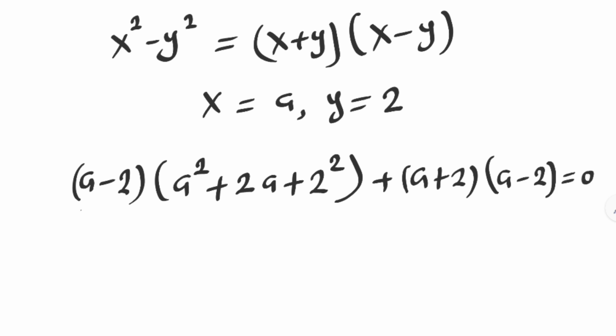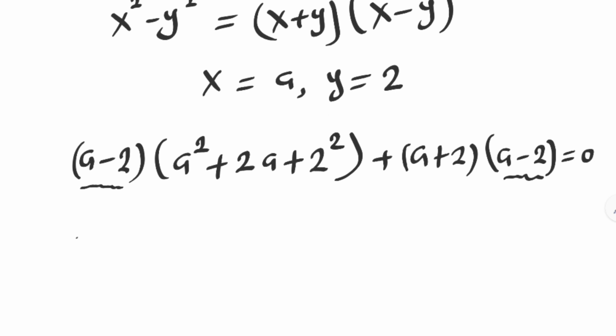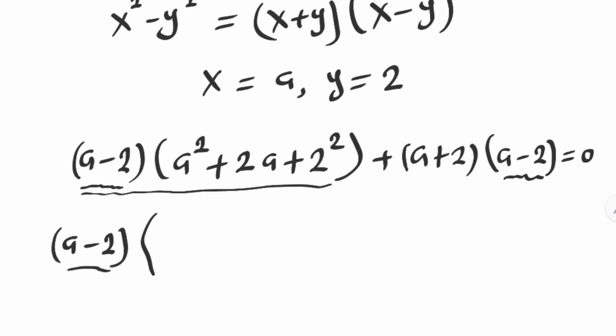Then here you can see that a minus 2 is common. Let's bring it out. a minus 2 bracket, if you divide the whole of this by this, we have a square plus 2a plus 2 square, that is 4.